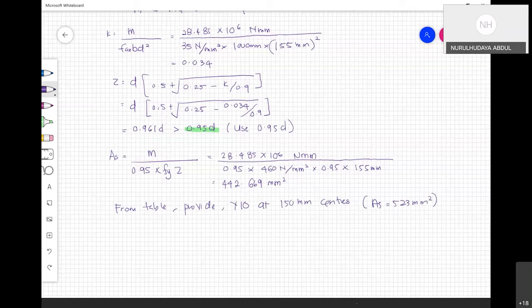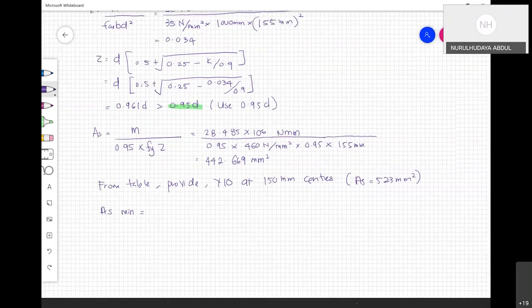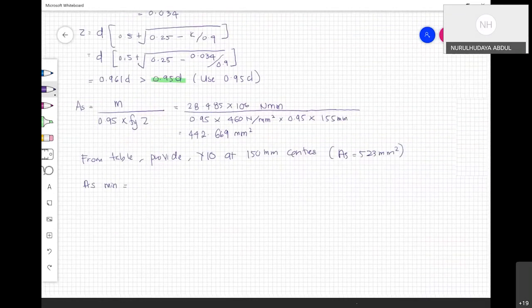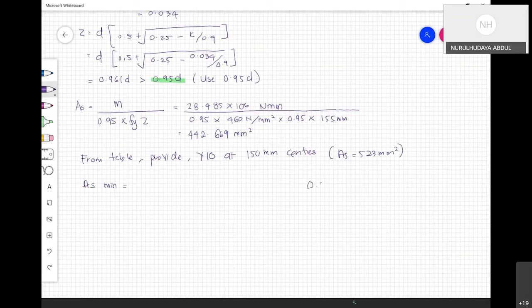Okay. But then kita kena tengok juga AS minimum. Okay. Kita kena check AS minimum dulu. High tensile steel sebab dia bagi FY 460, so it is high tensile. So dia tak sama macam semalam. Kalau semalam 0.24% dia punya AS min.